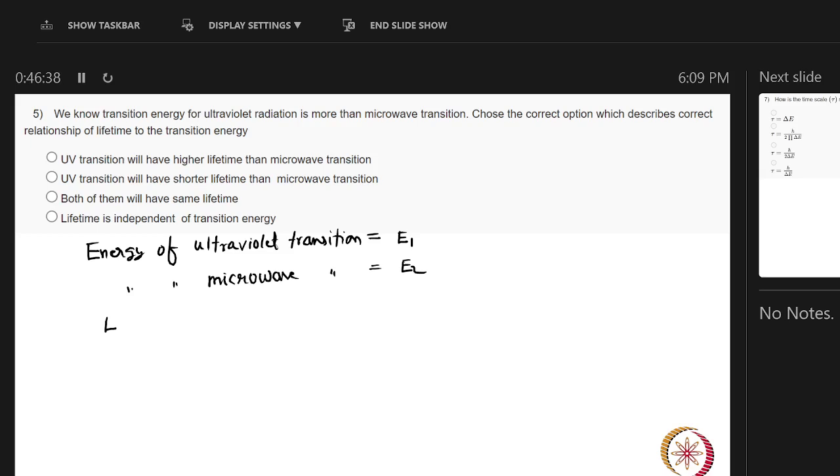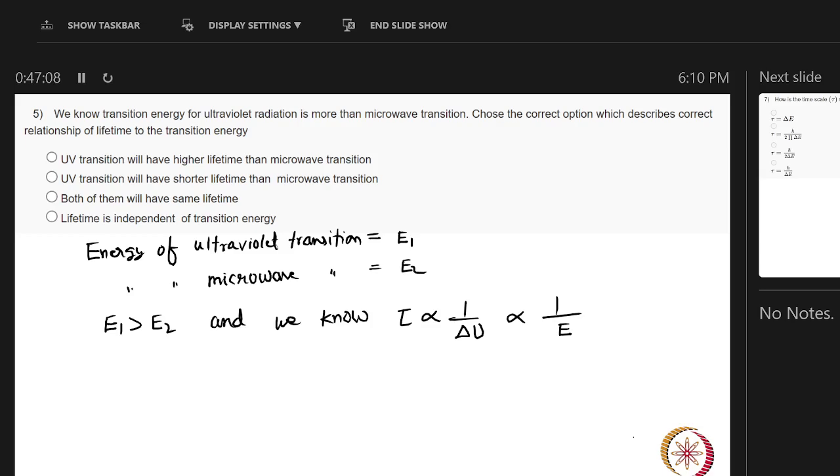And given here E1 is greater than E2, and we know that the time scale is inversely related to E, because both E and delta nu are directly proportional.